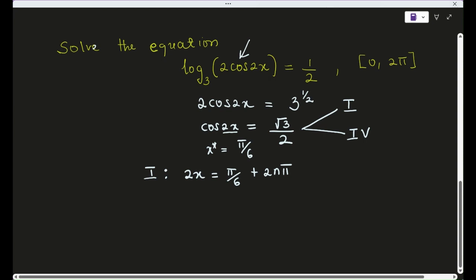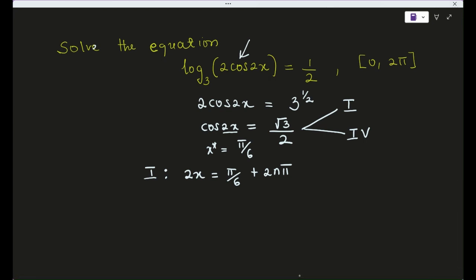Okay, so in the second part, when you are in quadrant number 4, we'll have 2x equals 2 pi minus this one, which is pi over 6, right?